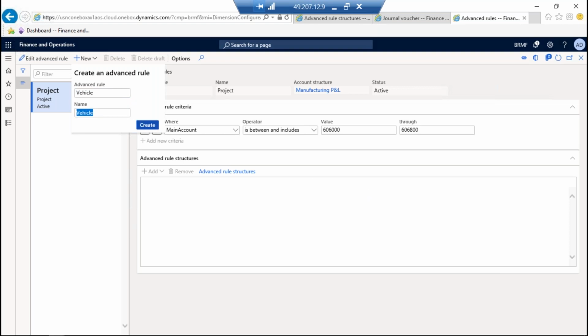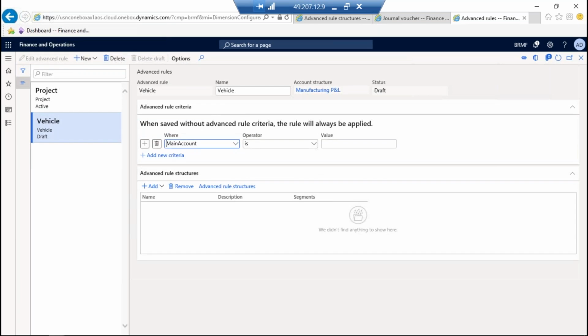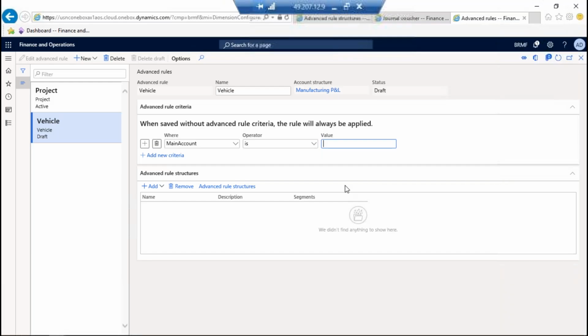Create. And now you need to mention for which ledger account you want vehicle expenditure. So vehicle expenditure, suppose this is vehicles 601501. So I can map directly 601501.